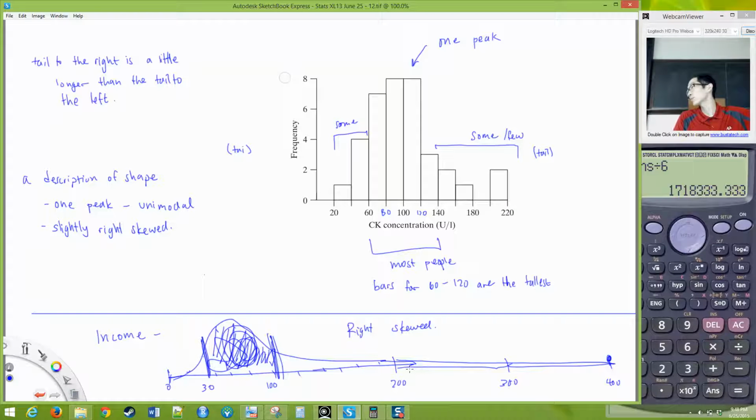Things that are left skewed would be like test scores on an easy test, or a relatively easy test. Maybe most people will score between 80 and 100%, okay? Can you score over 100%? Well, I guess depending on the test, but generally no. So you can't score over 100%, but most people will be between like 80 and 100.